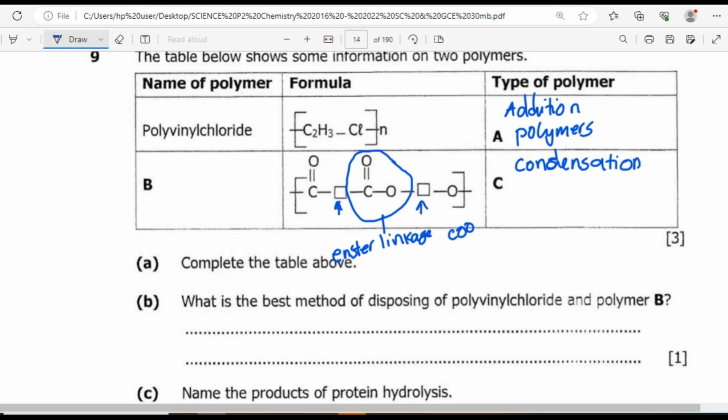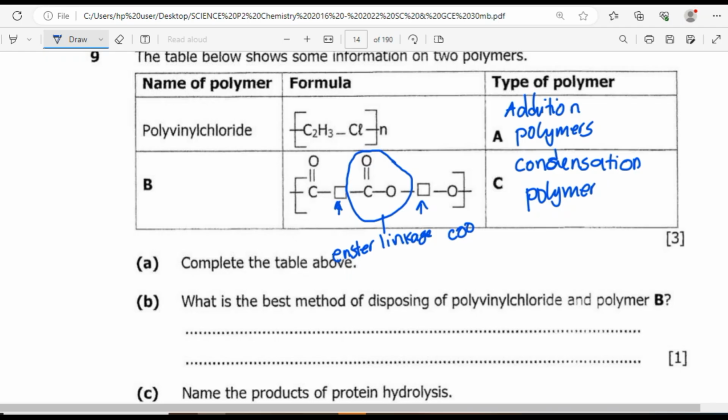Now, under condensation polymerization, the polymer is not the only product, we also have water. So for example, if you have a monomer plus monomer and you get a polymer plus water, then as long as water is part of the product of that polymerization, the type of polymerization that you're dealing with is condensation.